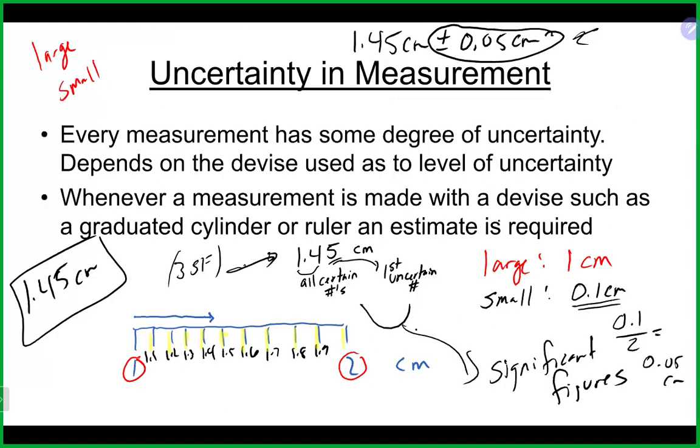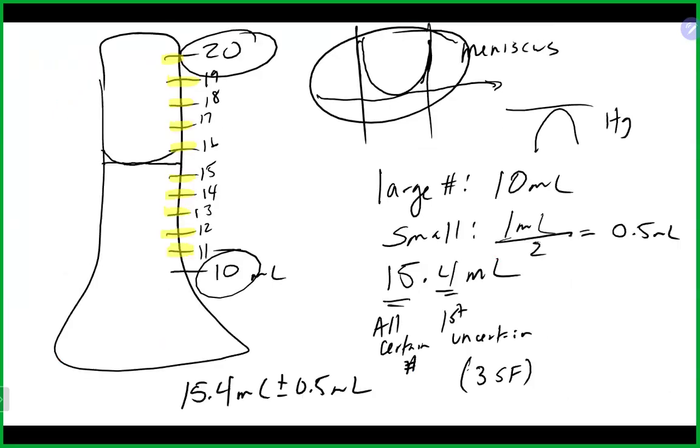In the one we did before, the smallest marking was 0.1, so we could go one more place to the right, which is the 0.01 place. That's also what you can use this for. If you take the smallest mark and divide by 2, it tells you 0.05, which is 2 decimal places. That's how far you should take the reading. In the one we just did, dividing by 2 goes to 1 decimal place. That's as far as we could take it.